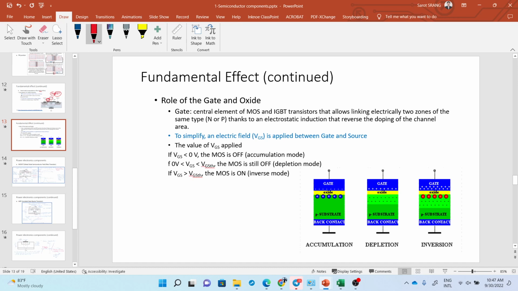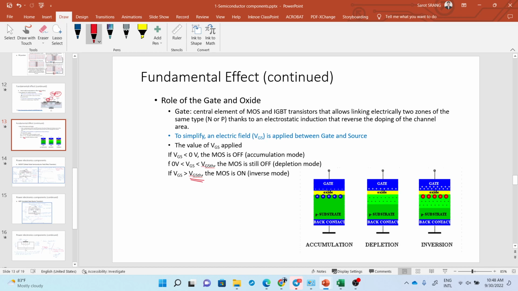So here I will try to explain quickly, because we just need to know the functionality of the material or the components. In order to open the gate to attract, we need to supply a voltage greater than some certain threshold.